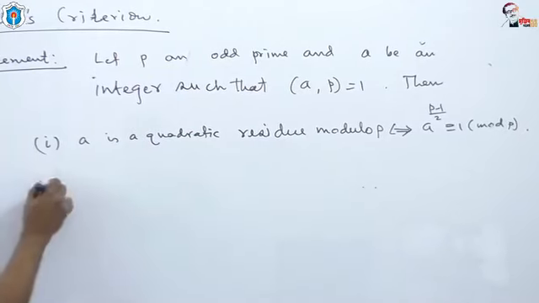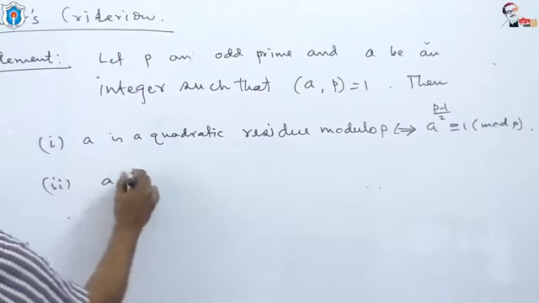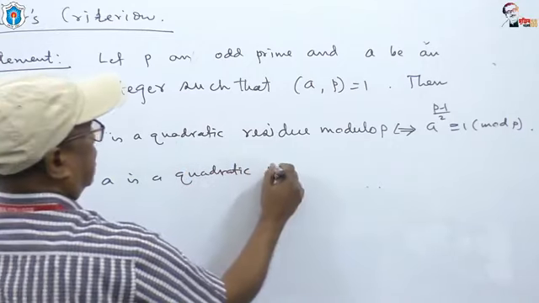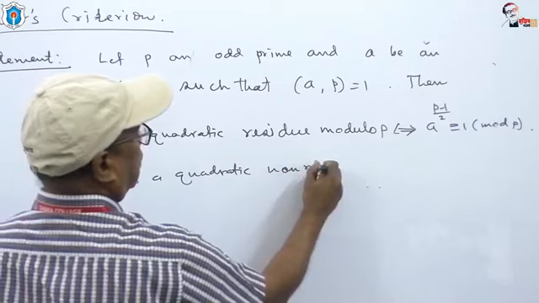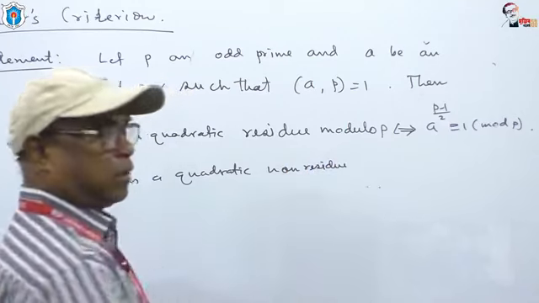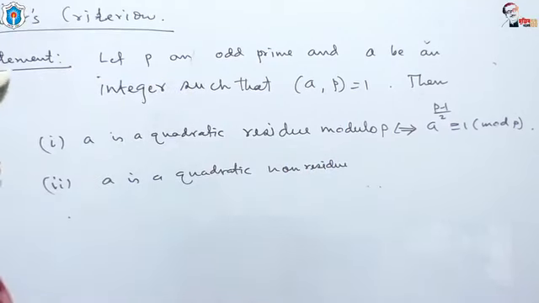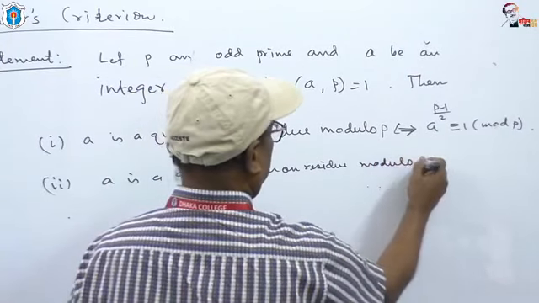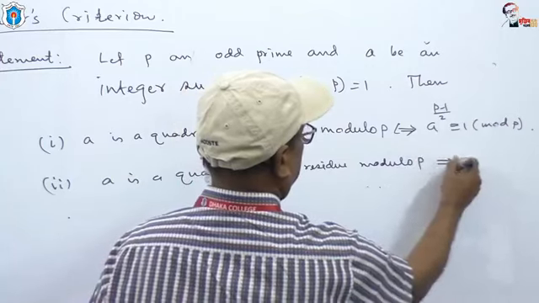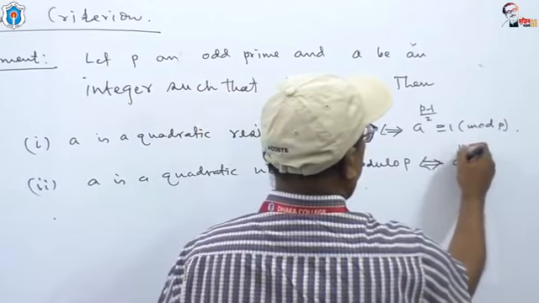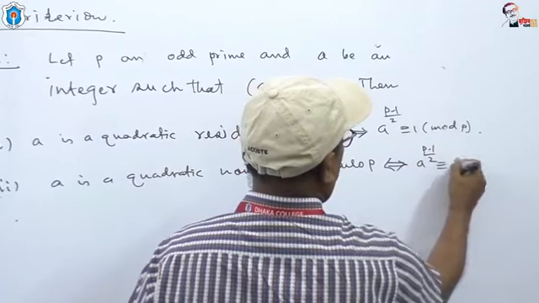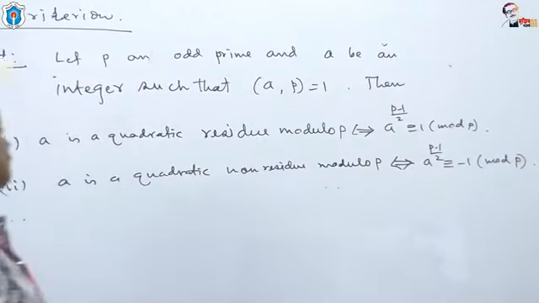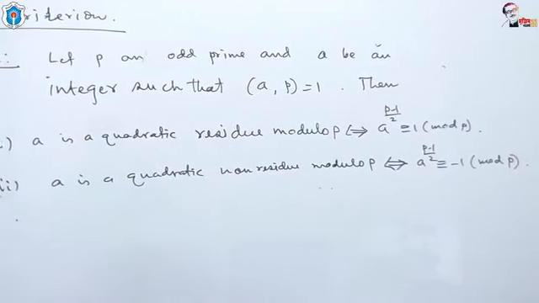Number 2: a is a quadratic non-residue modulo p if and only if a to the power (p minus 1)/2 congruent to minus 1 mod p. We shall establish this theorem on the next class.